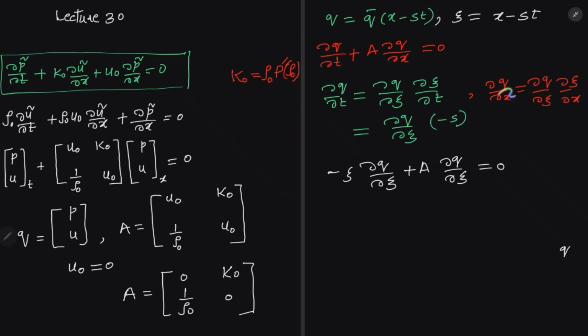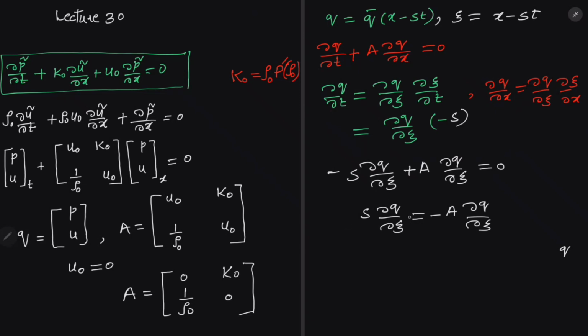We put in the value of partial q by partial x over here. We solve that equation: minus s partial q by partial xi plus A partial q by partial xi. I'm sorry, there should not be any xi. It looks like xi, but it is s. I'm sorry for that.